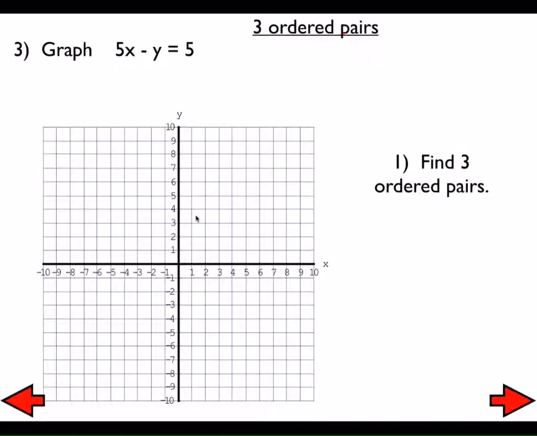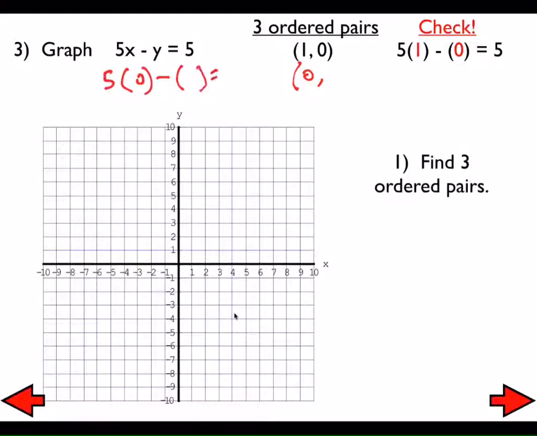Alright? So here's another one. If the second ordered pair starts with 0, I plug it in: 5 times 0 minus something has to equal 5. What would that have to be?